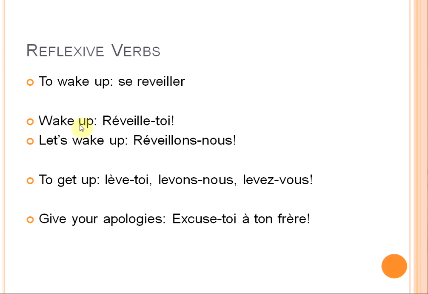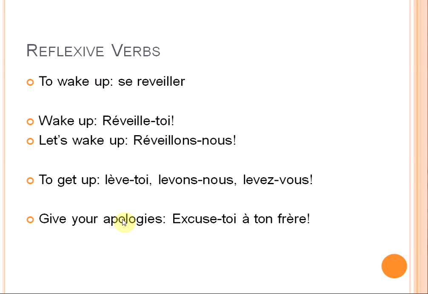And if you want to say wake up, in the imperative mood, in French it will be réveille-toi, or let's wake up, réveillons-nous. The same thing for the verb to get up. Get up is not a reflexive verb in English, it is in French. So we will say here for get up, lève-toi, levons-nous, let's get up, and levez-vous, plural and formal expression.